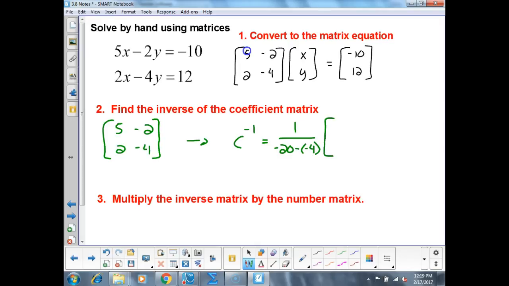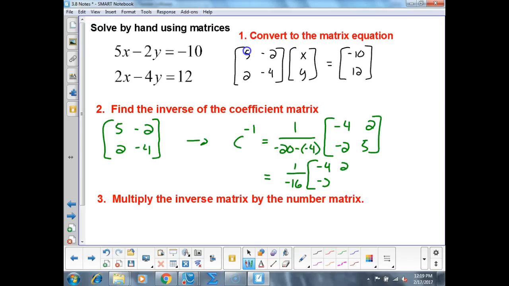And then what do I do inside the matrix? Negative 4 moves up to the left, positive 2, negative 2, and then positive 5. Okay? So this is 1 over negative 16 times this bad boy.